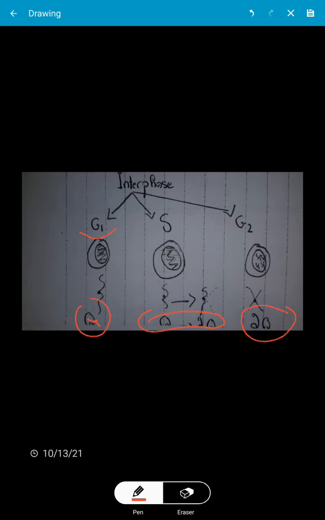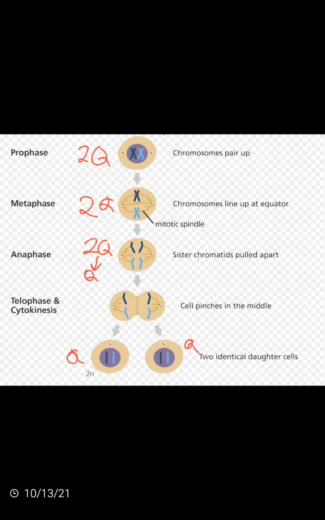Now, just a second. Okay, as you can see here, in the prophase, for example, this is 2n equal 2, okay? This is 2n equal 2, which means that a cell with two chromosomes.